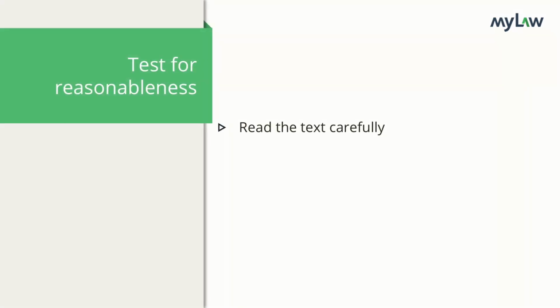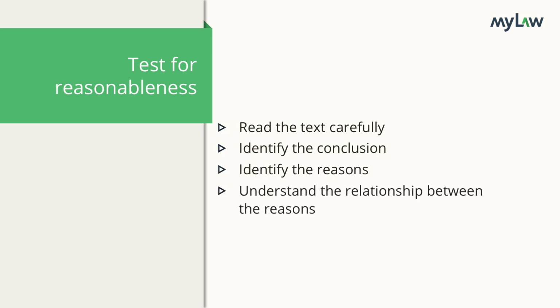The main steps in testing for correct reasoning are, if you remember, reading the text carefully, identifying the conclusion, identifying the reasons presented in the argument, understanding the relationship between the reasons, and finally, examining whether there are gaps between the reasons and the conclusion.